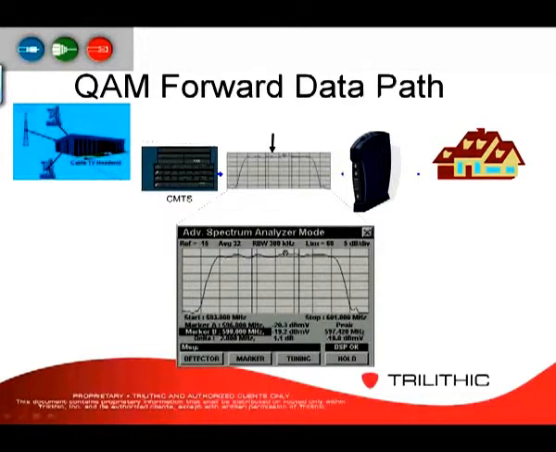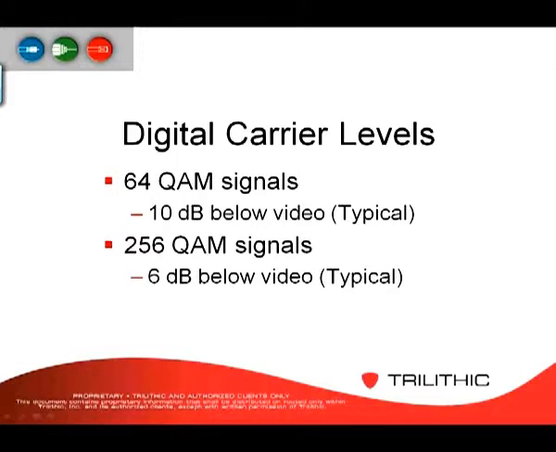This diagram shows the basic QAM forward data path. On the spectrum analyzer, the display will look like a haystack, and that's what the QAM carrier will look like for the downstream. Digital signals work well until very close to the point of failure.